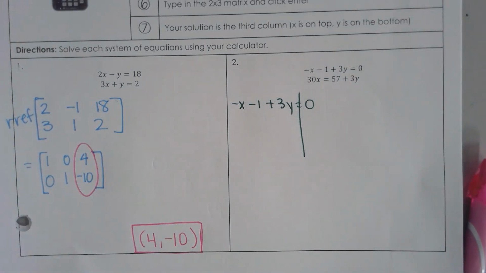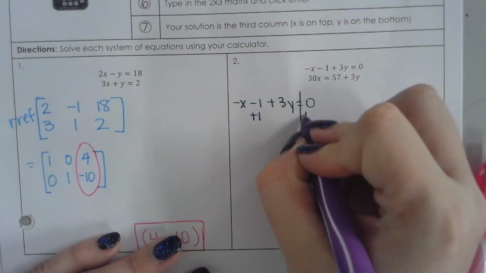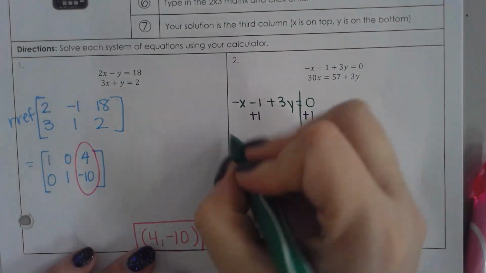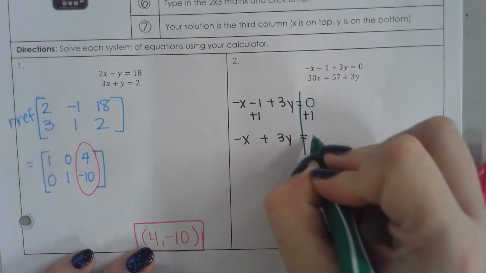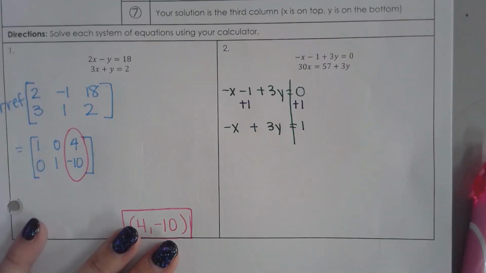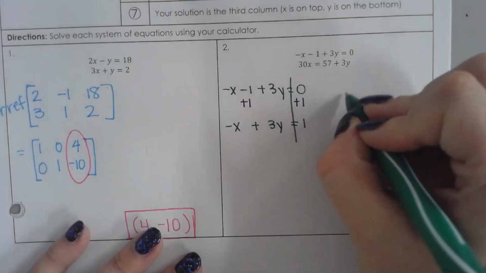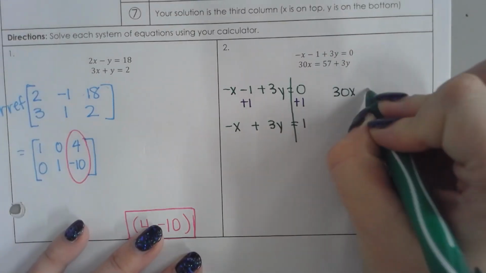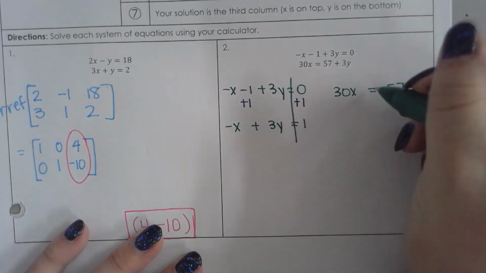What do I do to move it? Add it to both sides, and I get negative x plus 3y equals 1. And then my other one, 30x equals 57 plus 3y.